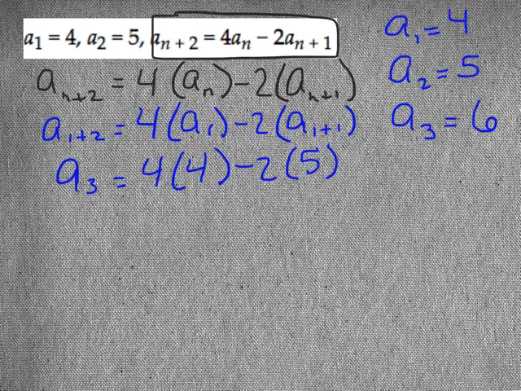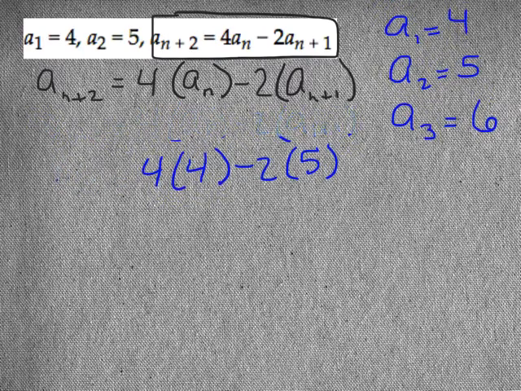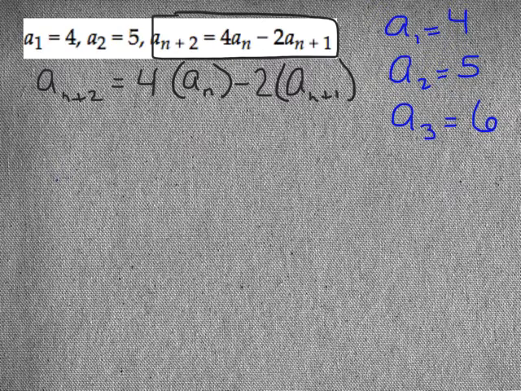And then when I go to do the next term, I'm looking for a sub 4. To find a sub 4, a sub 2 plus 2 will give me the a sub 4 that I want.